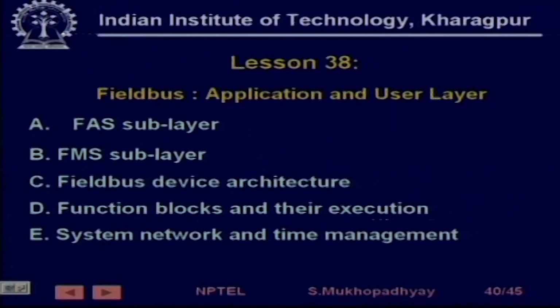So all these issues are dealt with at the application and the user layers, and we mainly discussed the function blocks, which is the abstract model for any field bus device, and we also discussed the issue of obtaining synchronization throughout the network. So doing network management and doing time management over the network.